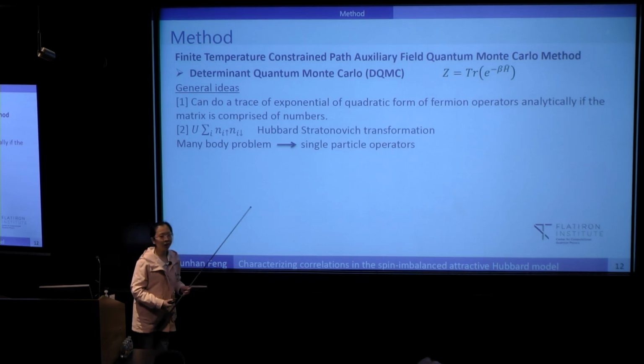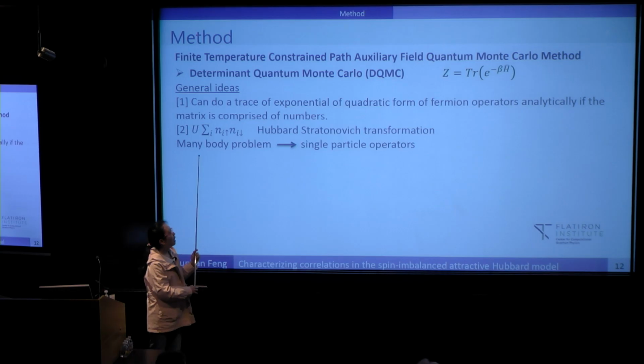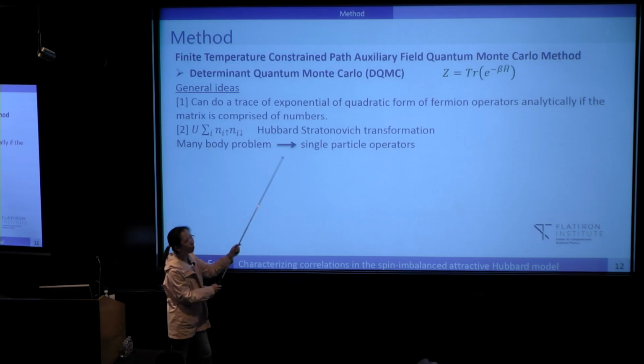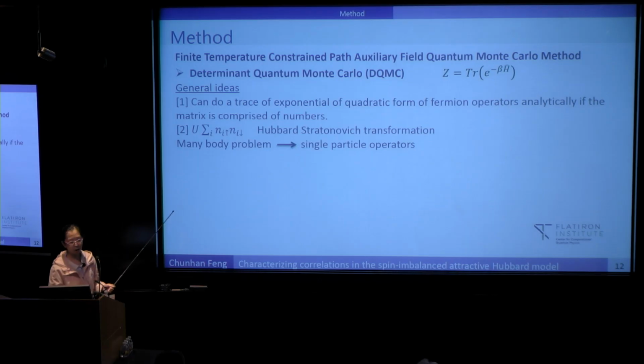In the Hamiltonian, the only non-quadratic term is the interaction term. So we just need to do one extra thing, the Hubbard-Stratonovich transformation, to convert the original many-body problem into many single-particle operators.